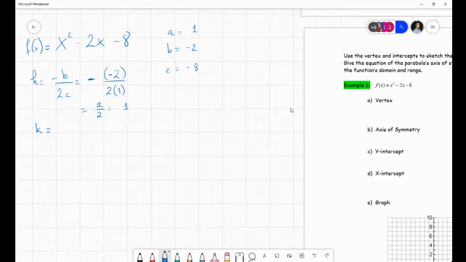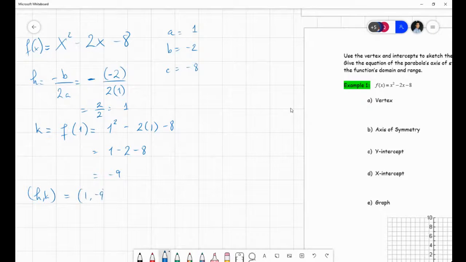To find k, we're going to plug in 1 into f. So this just means evaluate f when x is 1. So 1 squared minus 2 times 1 minus 8. Simplify it a little bit, and we have negative 9. And that's it.